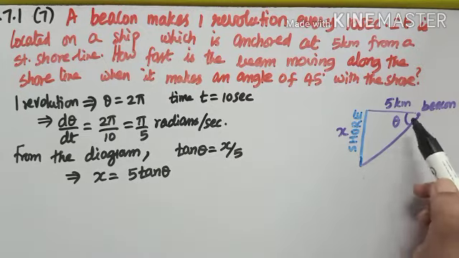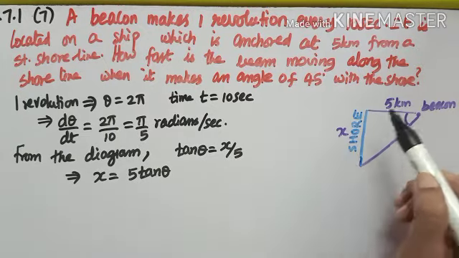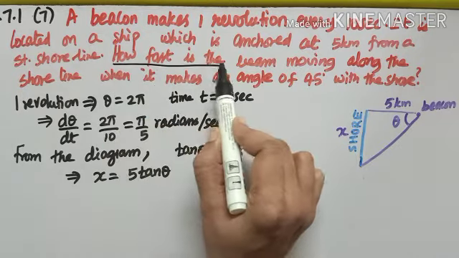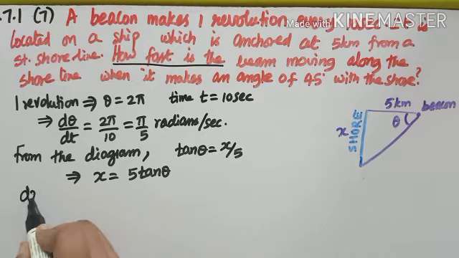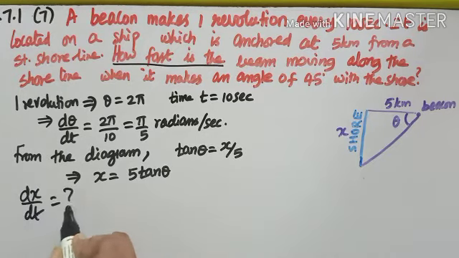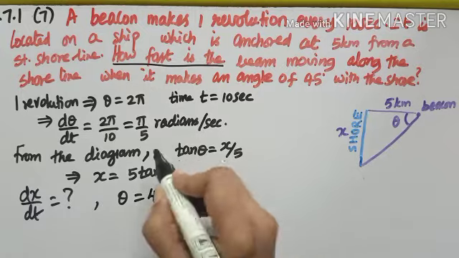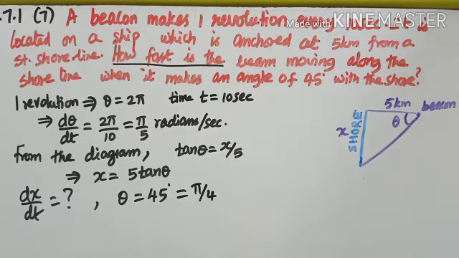From the diagram, tan theta is opposite by adjacent, that is x by 5. Cross multiplying, x is equal to 5 tan theta. My question is how fast it is moving, so dx by dt equals question mark when theta is 45, or in radians, pi by 4.